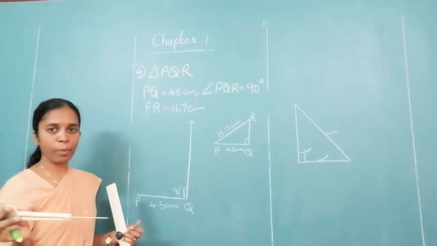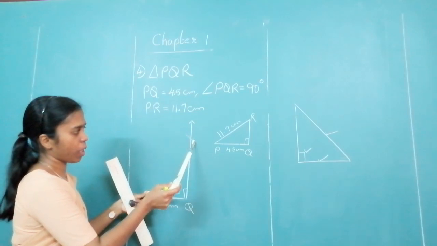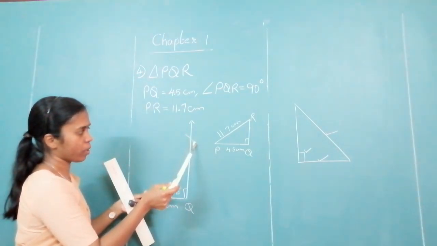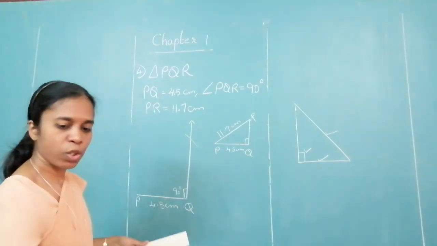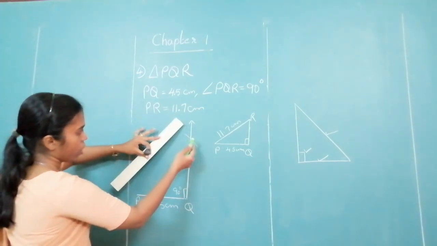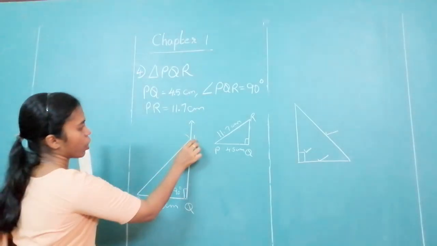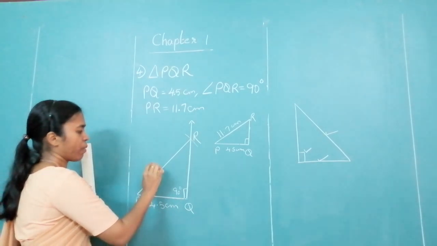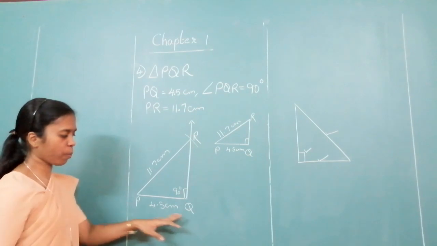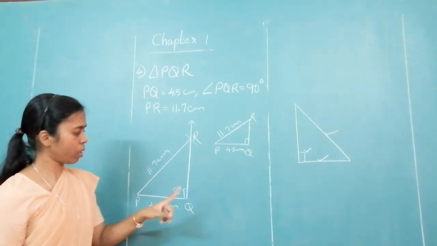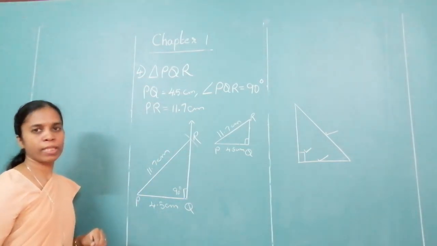I have considered 11.7. Keep it on P because R is what you are marking. Mark on the ray that you have drawn. Once you draw the arc over there, join from there to P. Now this is your arc. Mark that as 11.7 centimeter. So PQR, where PQ is 4.5 centimeter, Q is 90 degree and PR is 11.7.